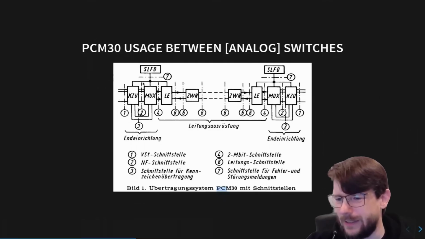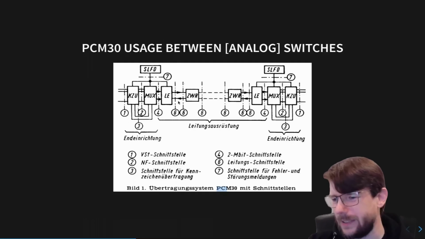So we have the KZU, the Kennzeichenumsetzer, which is converting the signaling, with the MUX, the multiplexer, and the LE, which is the line transmission equipment. And then in the path between the 2 switches, we might have these regenerators, basically decoding the signal digitally, reclocking and retransmitting the bits to get over higher distances.